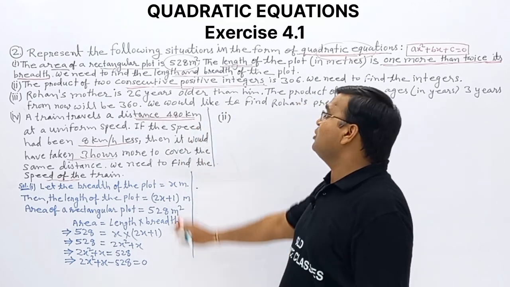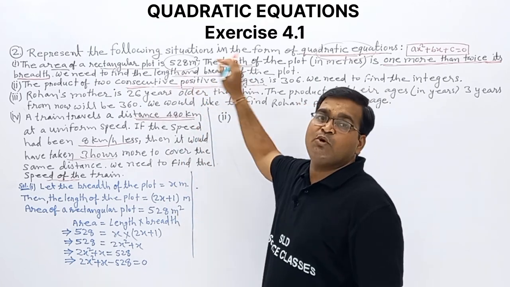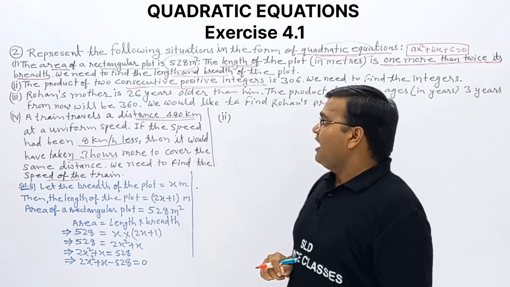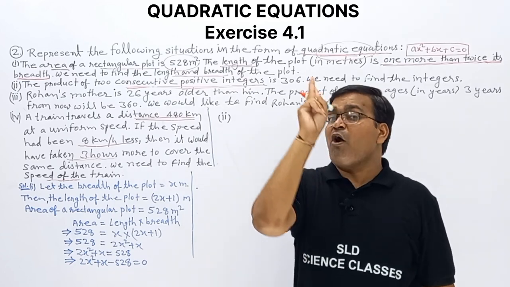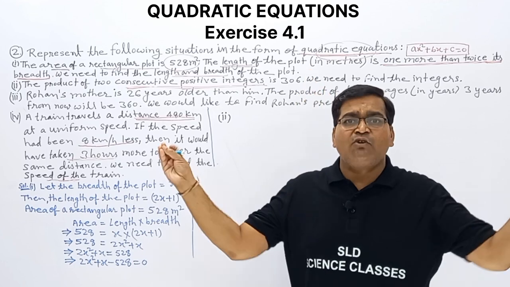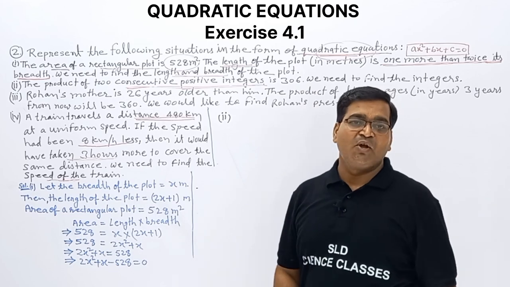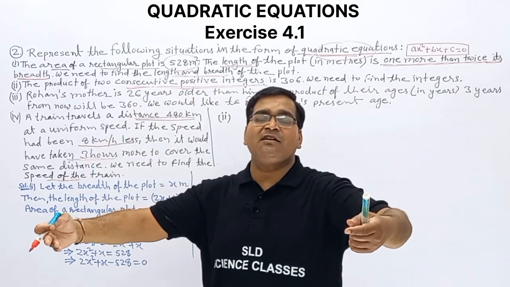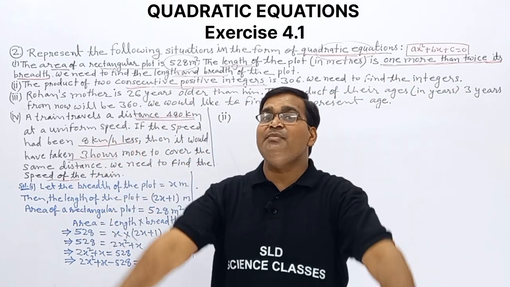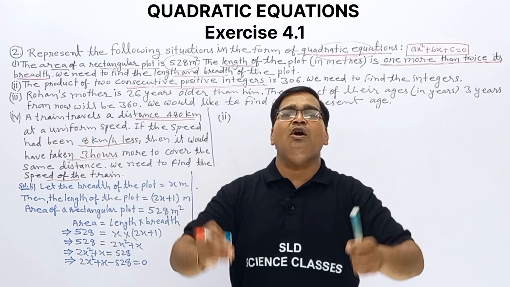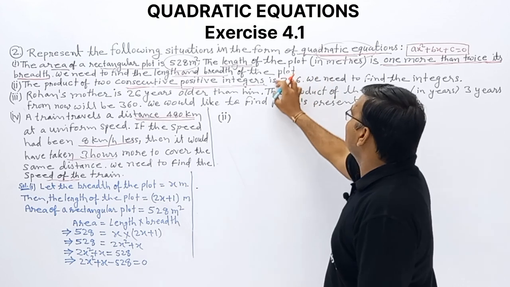Consecutive positive integers, consecutive counting numbers we will take. And we want 2 numbers and the product of both will be 306. 2 consecutive numbers product.